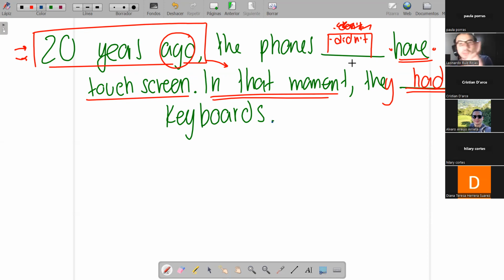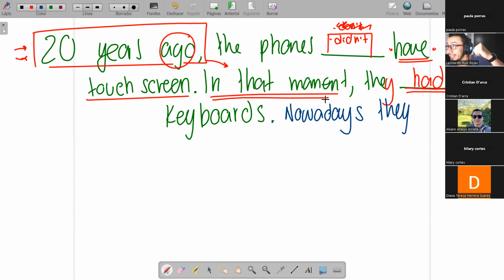20 years ago, the phones didn't have touchscreen. In that moment, they had keywords. Espera un momento. ¿Eso cómo se leería desde in that moment hasta keyboards en español? What is the meaning of in that moment? En ese momento, no en este, en ese.